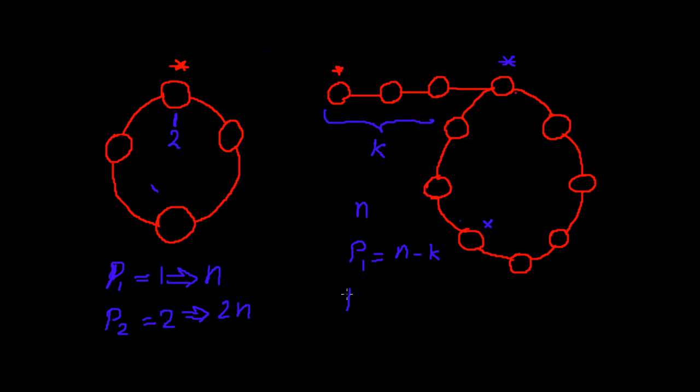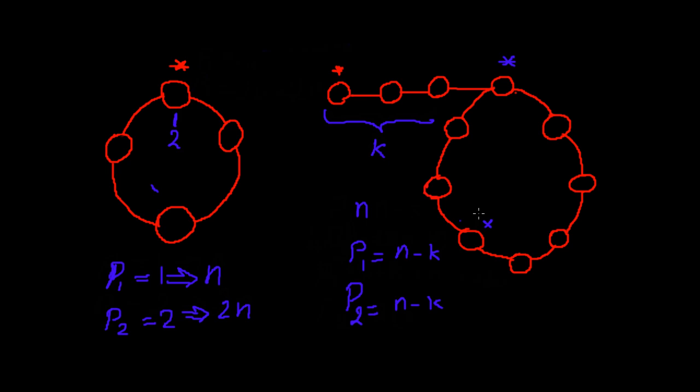Now if we tell P2 to go twice this distance, P2 is going to go n minus k, because he needs to start from here, go n units, so he's going to end up at n minus k, and then we're going to tell him to go 2 rounds because of the logic that I explained before.